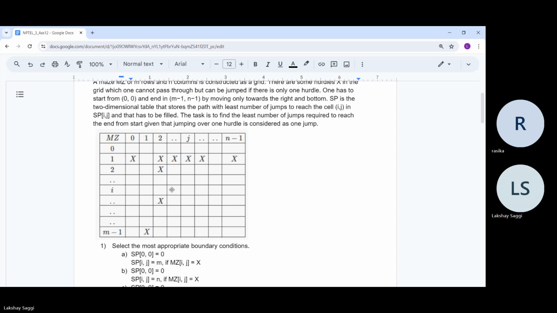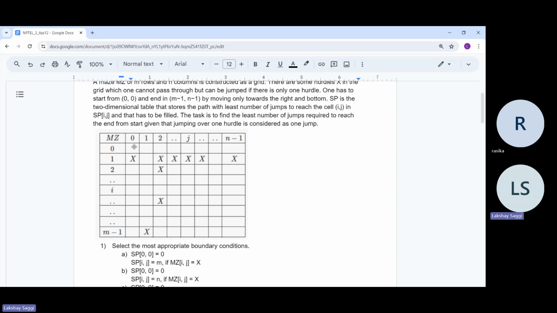And how can this be done? Either we can fill up the table in this manner: we fill up the first row, then the second row, then the third row. So whenever we encounter a cell, its previous row would have been filled and the column just left of it would also have been filled.